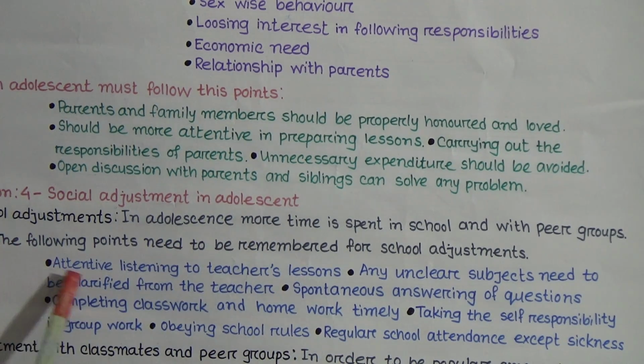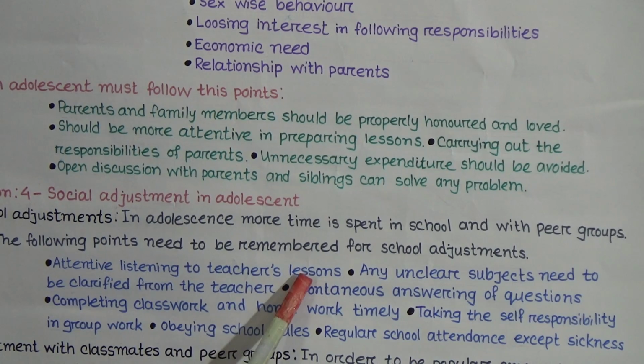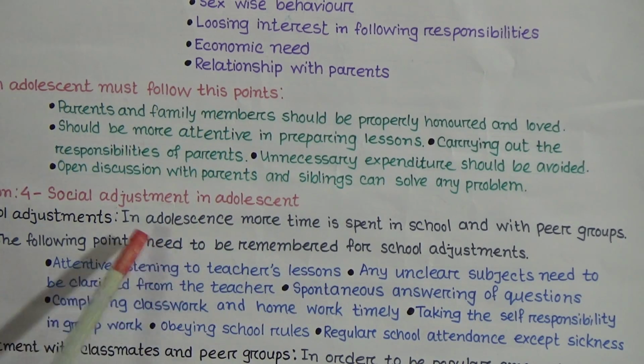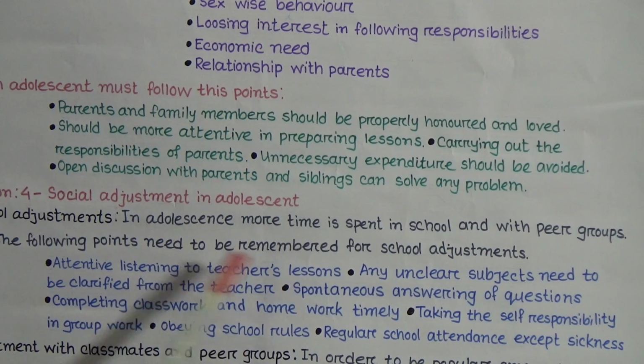First rule is attentive listening to teachers' lessons. So first, in school, a student must be attentive, and he or she must listen attentively to his teacher's lessons. Any unclear subjects need to be clarified from the teacher.